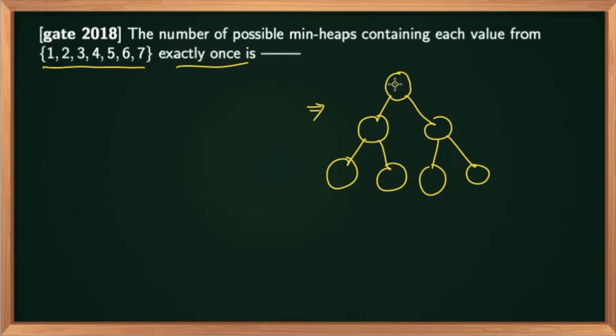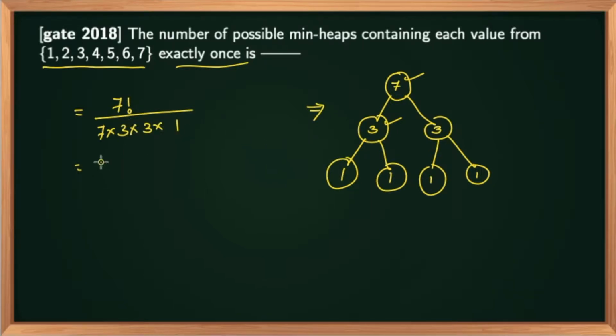So here we will have 7, here we will have 3, here also we will have 3, and here we will have 1, 1, 1, and 1, right? So the answer should be, we have 7 elements, so it should be 7 factorial divided by 7 into 3 into 3 into, then we will have 4 ones, right?